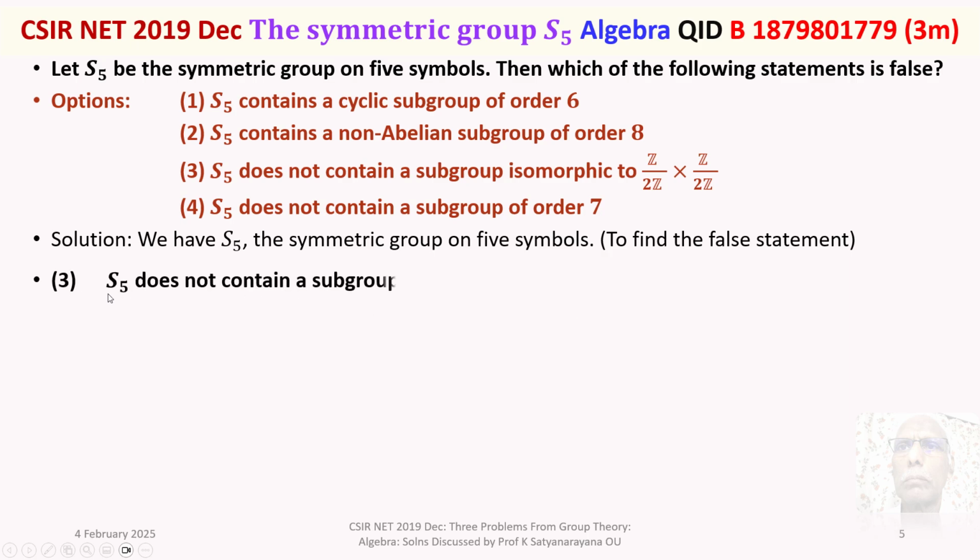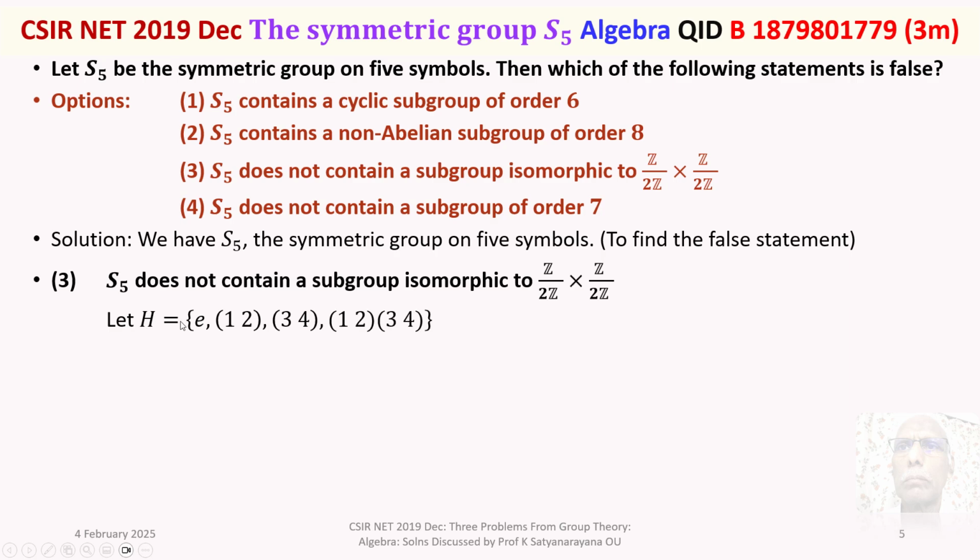So option 3, S5 does not contain a subgroup isomorphic to Z/2Z × Z/2Z. Let H be the subgroup containing the elements: identity, the transposition (1 2), the transposition (3 4), and the permutation (1 2) multiplied by (3 4). And recognize this one as the K4.